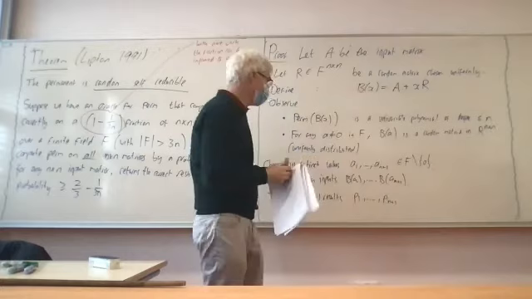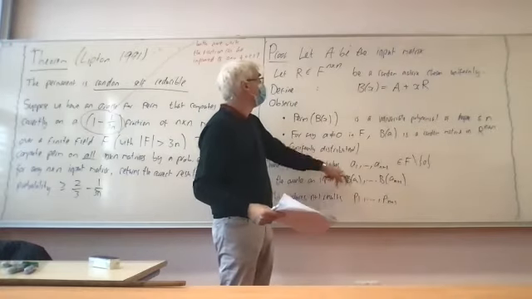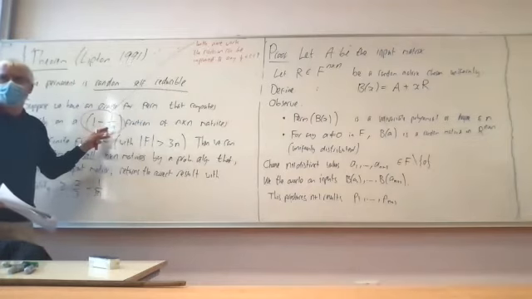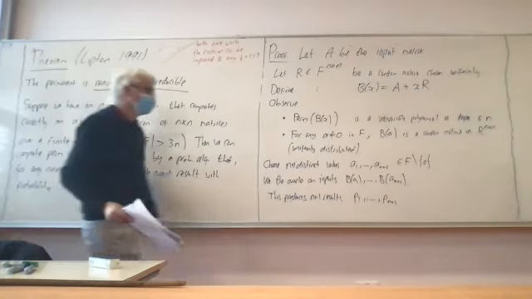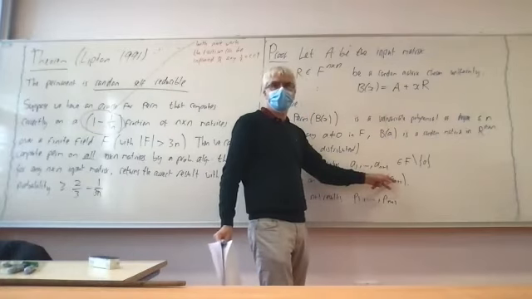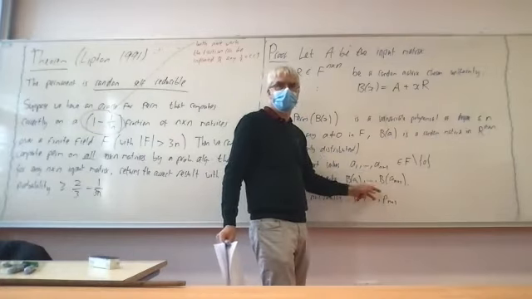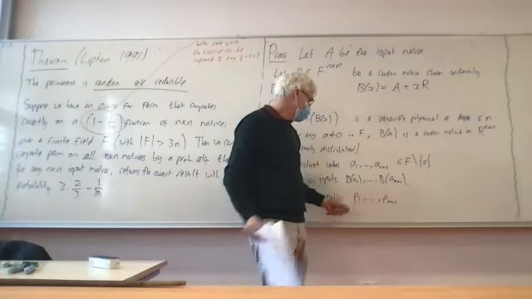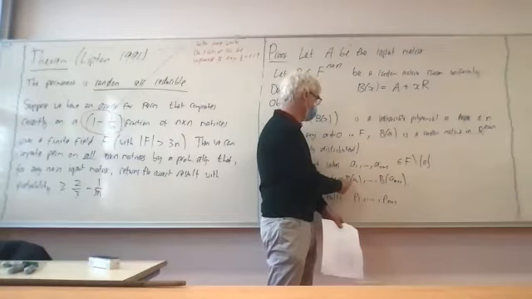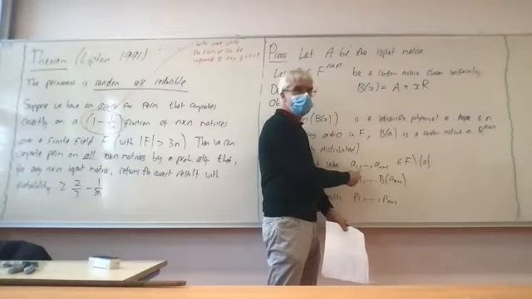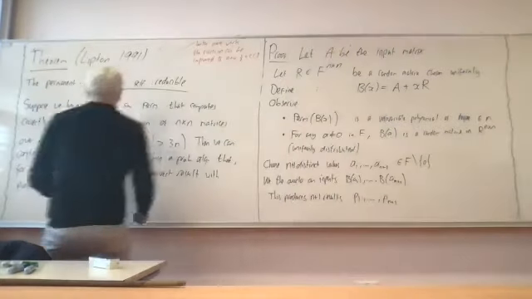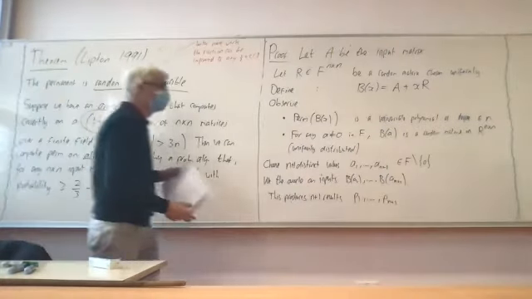The point is, because our oracle is only wrong on a small fraction of inputs, each of these is likely to be the permanent of the corresponding matrix with relatively high probability. So for each i, Pi is the permanent of B(ai) with probability at least 1 minus 1 over 3n.